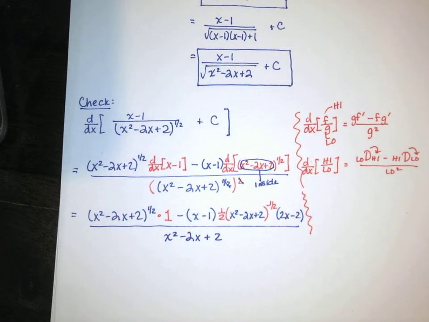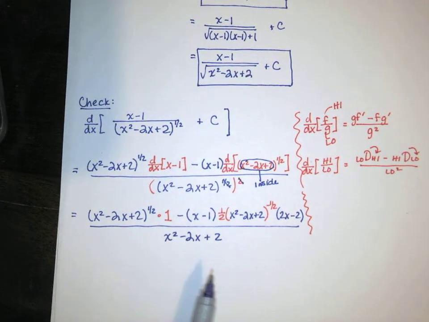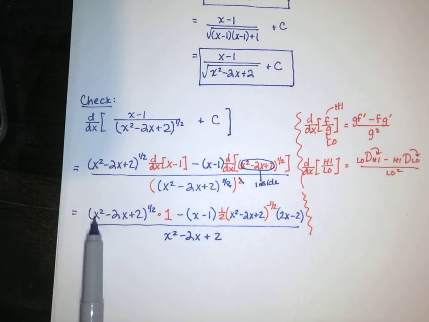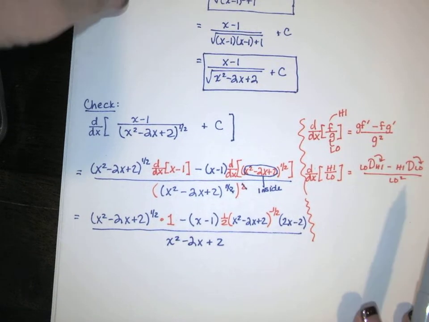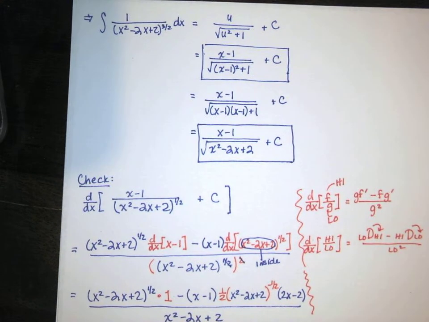Actually, it turns out that it's always positive because it's x minus 1 squared plus 1. So we're good. Anyway, sorry about the aside. This is my answer. You might say, Miss Townsend, that does not look anything like that, and you'd be absolutely right. My hope is that with a little bit of algebra, though, it will.